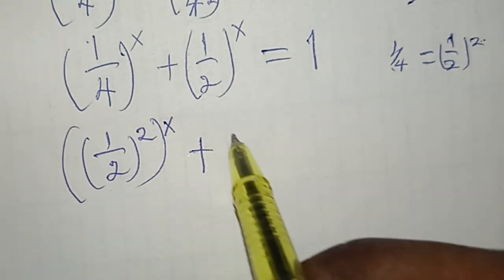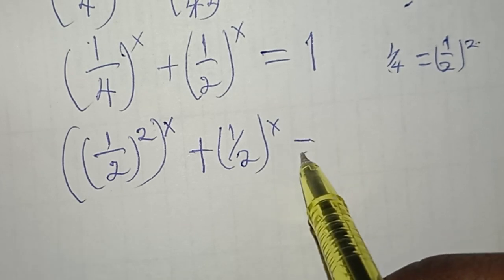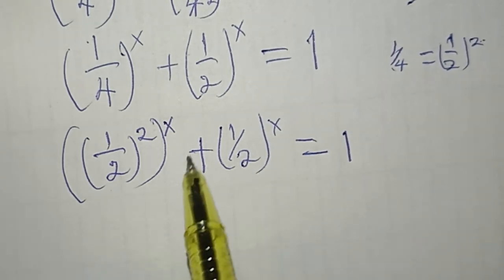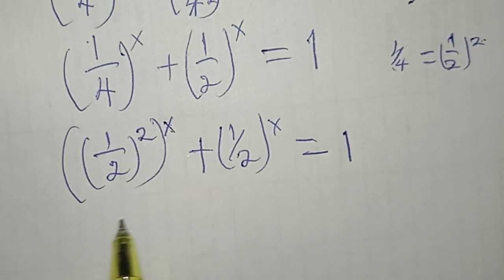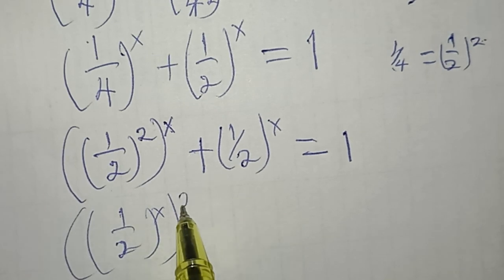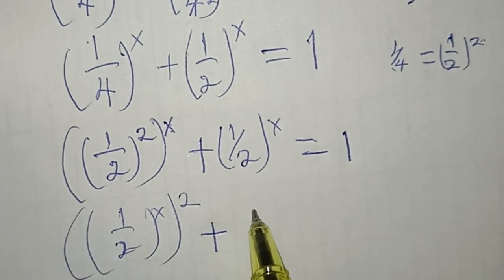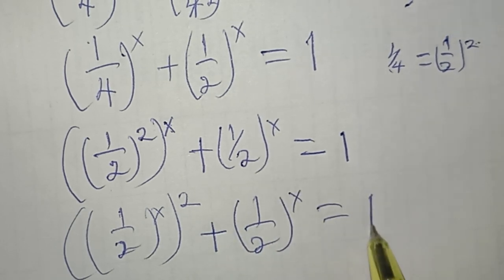And then plus I have 1 over 2 all power x right here is equal to 1. So I'm going to actually switch this stuff right here. So I have 1 over 2, power x, and then the 2 goes out, plus then 1 over 2 power x equal to 1.